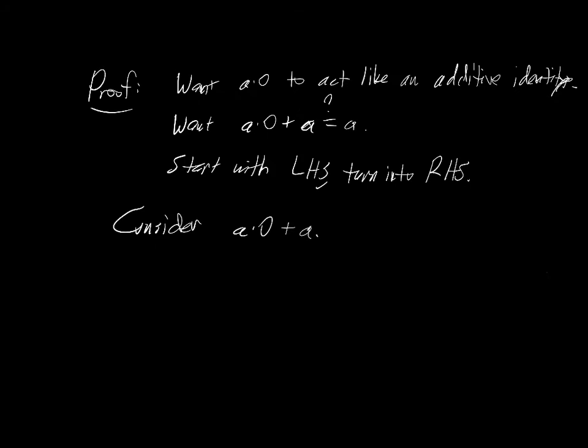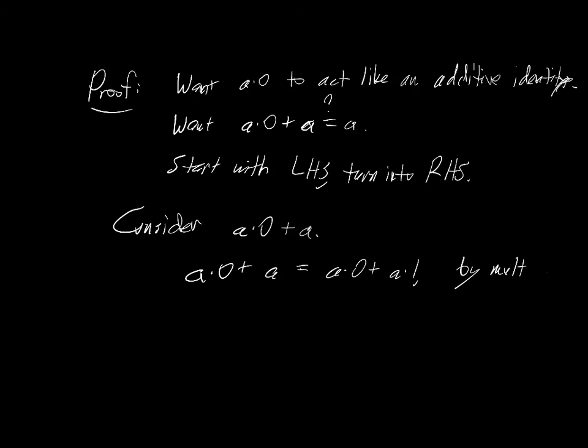So a times 0 plus a times 1 equals, oh sorry, oops. Let me do this right. This is a times 0 plus a equals a times 0 plus a times 1 by the multiplicative identity axiom, right? That we can sort of rewrite a times 1 as a.